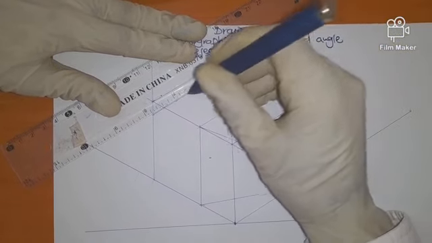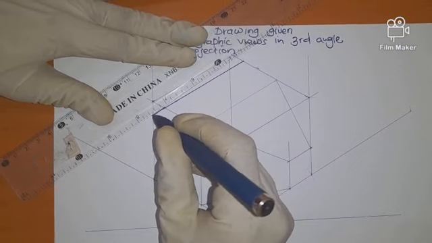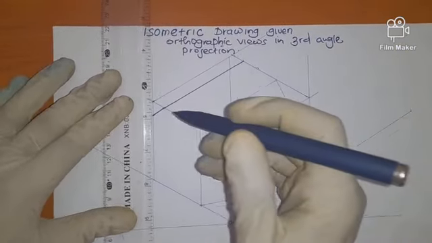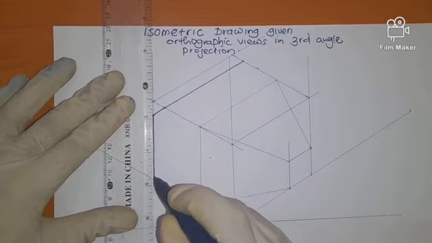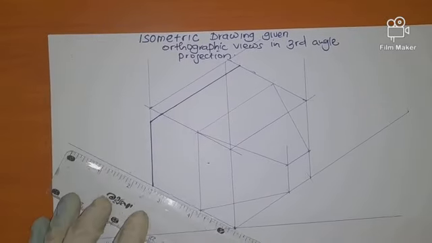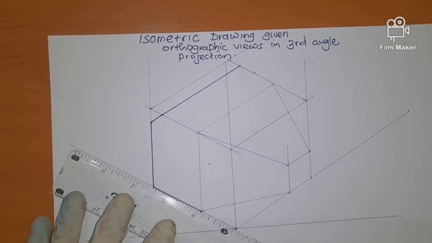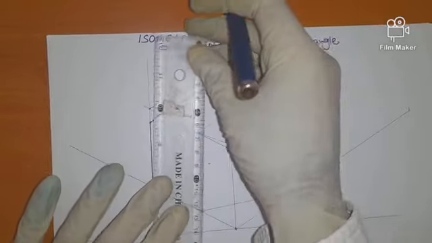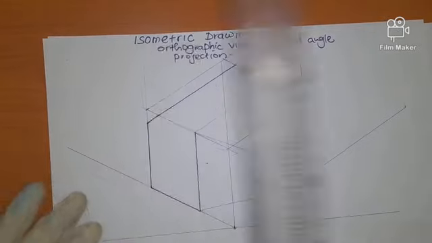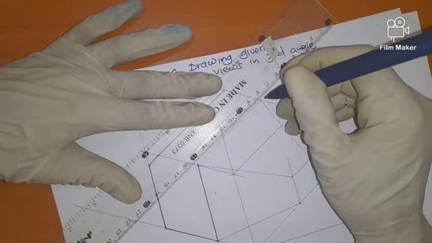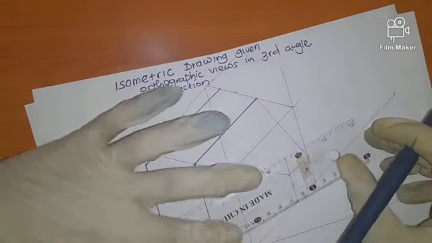You join that point, and then we come on this side, we join that, then we join this other point, we join this, now visible, we join this, and again we join this, and then again we join this.